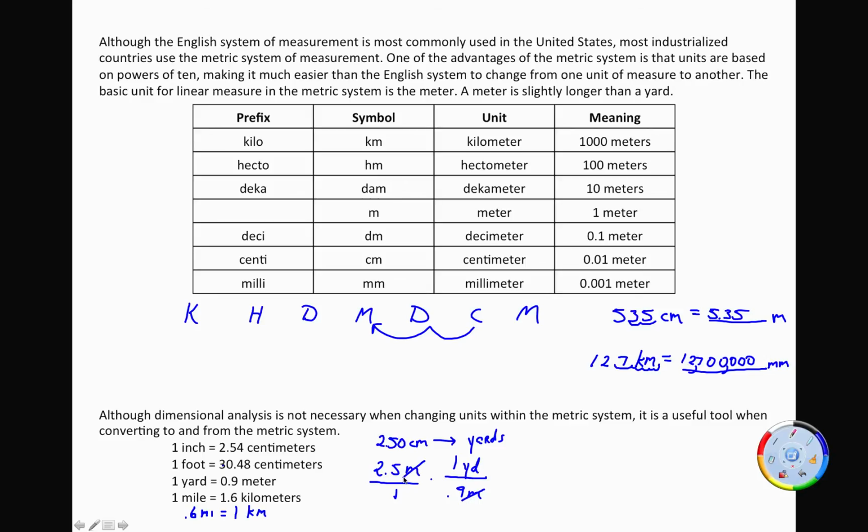The meters divide out, which leaves 2.5 divided by 0.9 yards, and that is 2.7, repeating actually, 2.777 yards.